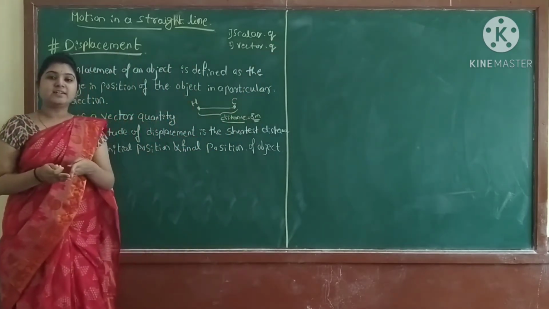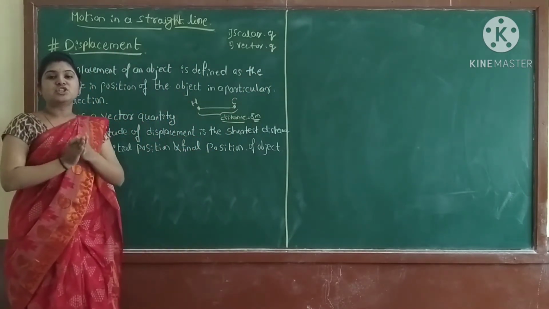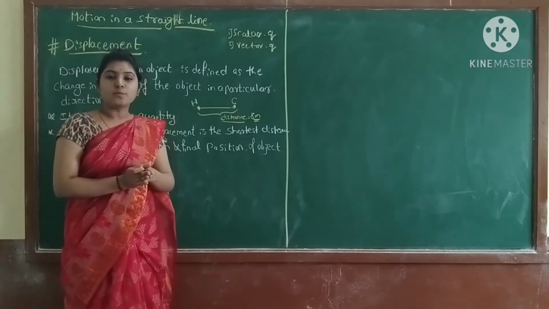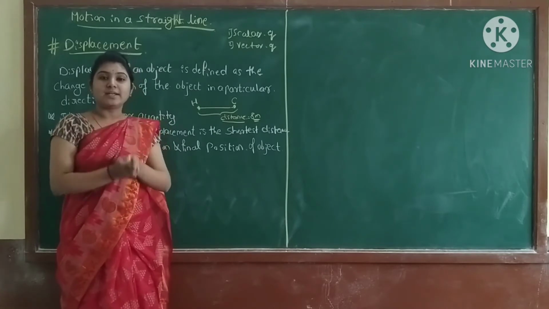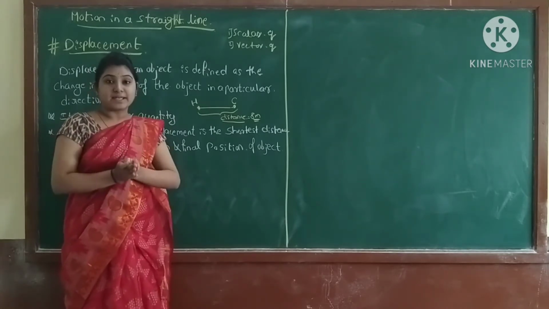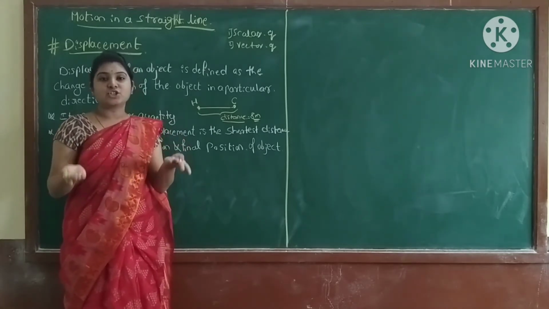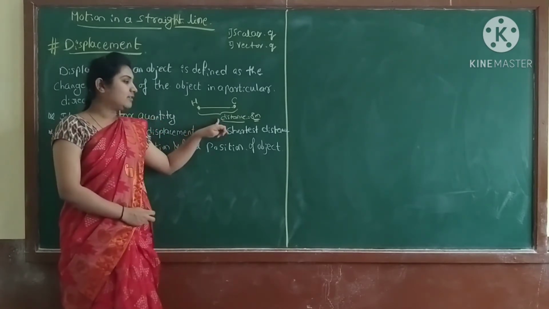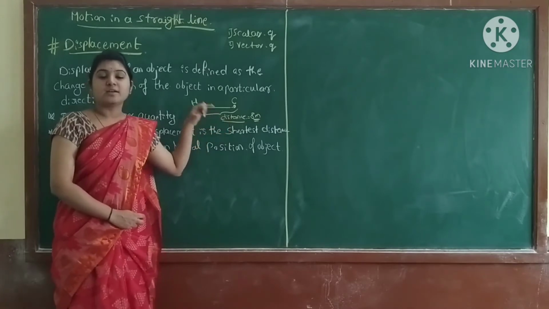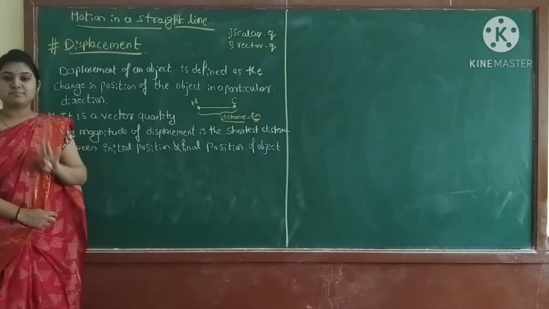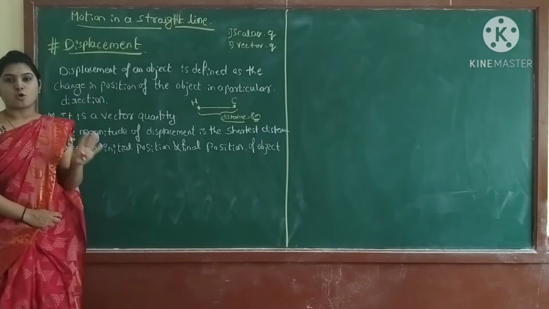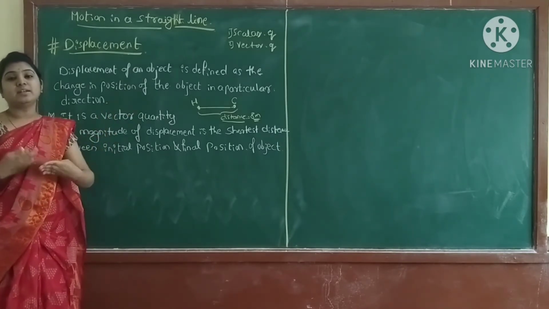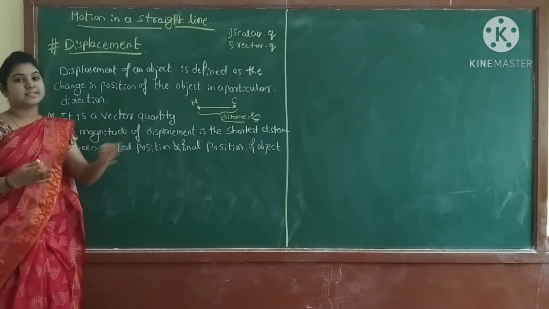Scalar quantities, what are they? The quantity having only magnitude. I told you yesterday that the quantity having magnitude but not direction is called a scalar quantity. That is distance. But when you come to displacement, it is not a scalar quantity. So we will discuss now how it is different from distance.